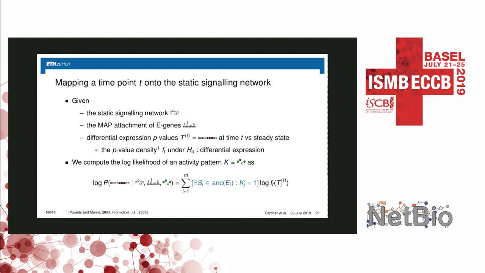And this turns out to be a sum over all the E genes, so the effect reporter genes, and you're summing up the log density of the p-value for that gene, if and only if the model and so the activity pattern would predict an effect or not at that given gene.